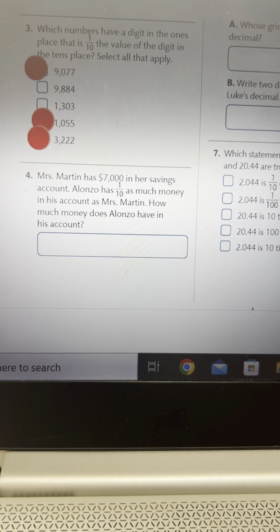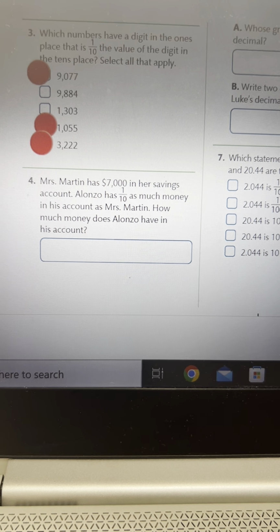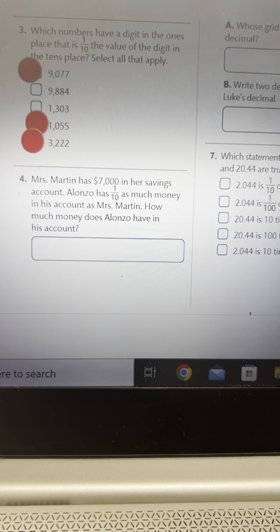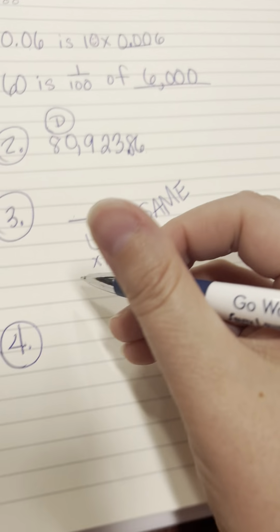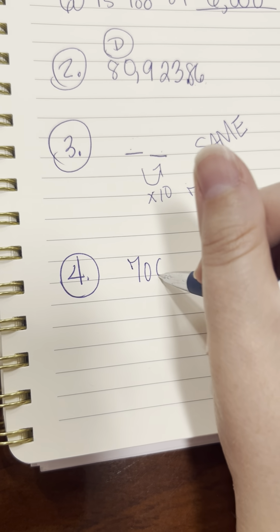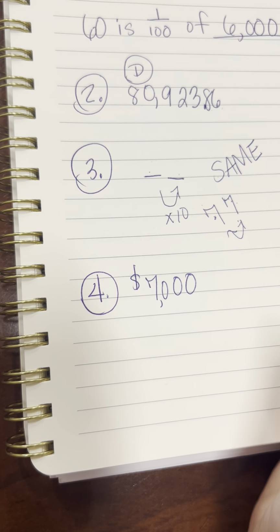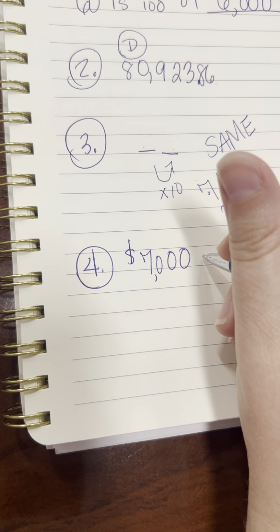Number 4 says, Miss Martin has $7,000 in her account. Alonzo has 1/10 as much money. Okay, if he has 1/10, you're taking 7,000, and you're going to say, okay, what times 10 equaled 7,000?